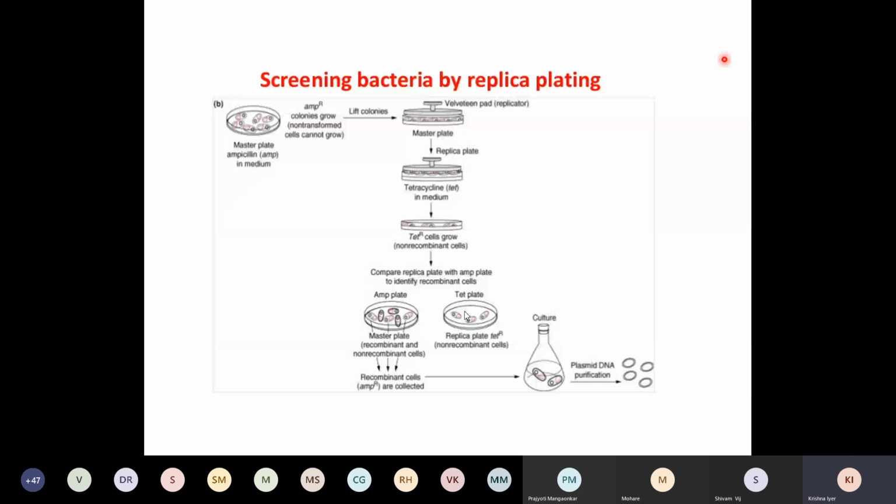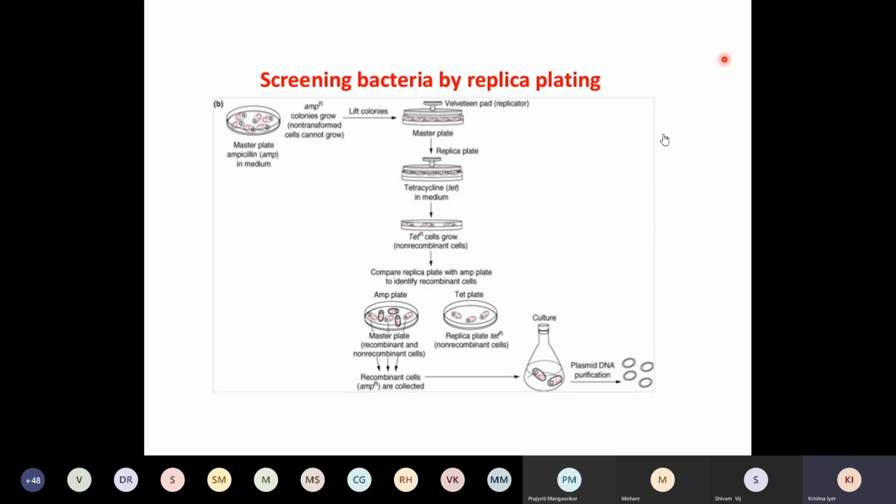Okay. So, let me start from the beginning. What if you want to cut a palindromic gene out? Now, genes are rarely palindromic. A gene is a large sequence of DNA which codes for a protein. For example, if I have a protein which has about 100 or 200 amino acids, realizing that three bases code for one amino acid, the minimum length of gene that I need is a DNA of length 300 or 400.